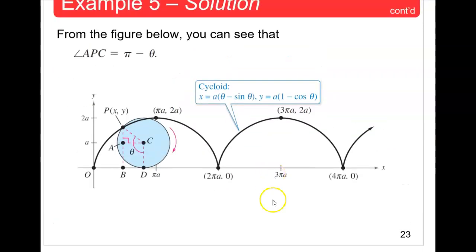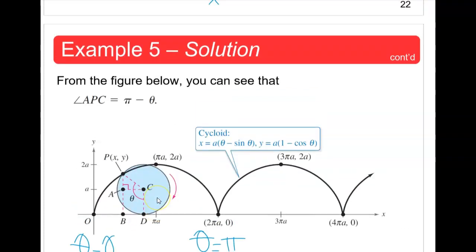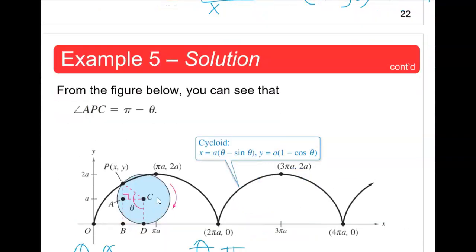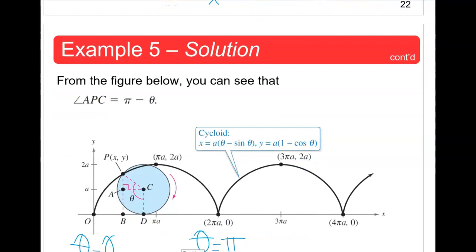And here is the image that will be at theta equals 0. Here is what's happening at theta equals pi. No, actually, I think I'm wrong, I need to check. Yeah, it's here at theta equals pi.